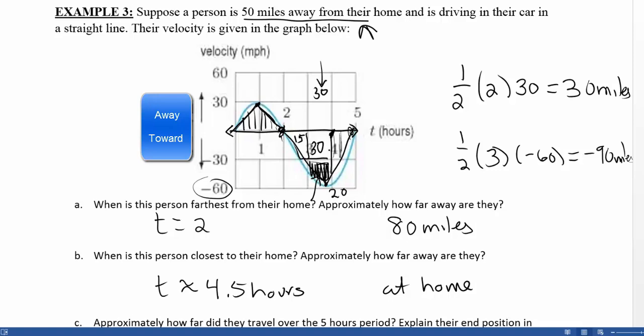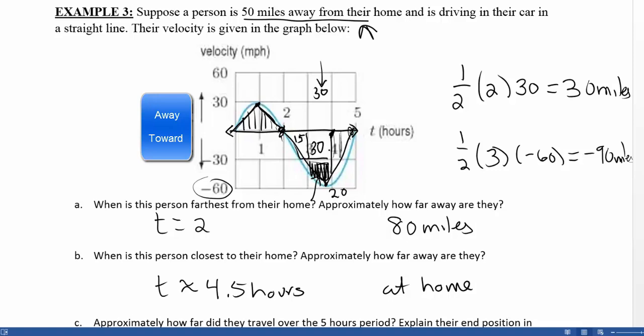Part C wants to know approximately how far did they travel over the 5-hour period. Now, this question wants to know the total travel distance. It doesn't want to know where they ended up in relation to where they started. They want to know how many miles were driven.